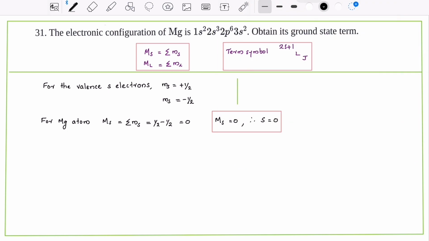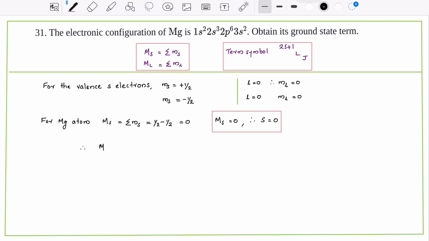Now, both electrons are in s subshell, so we can say their l is equal to 0 in both electrons. Therefore, for both electrons, ml is also 0. Now, what is capital Ml for magnesium atom?